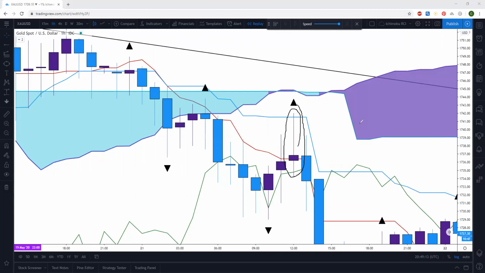Is that an inverted hammer? No. I can't see those wicks. Is there a wick? Oh, there's a wick right here. It's a shooting star. Right.